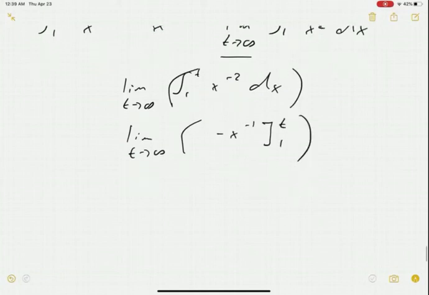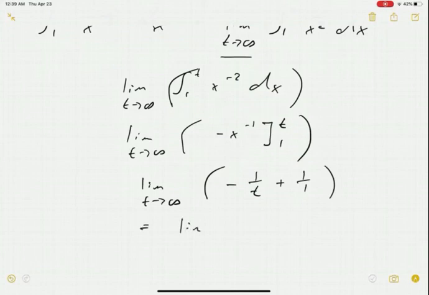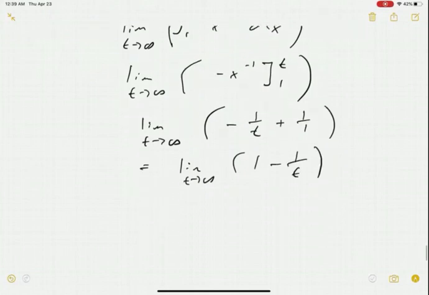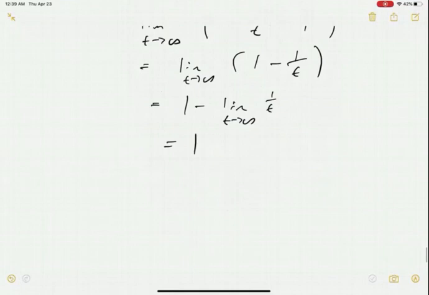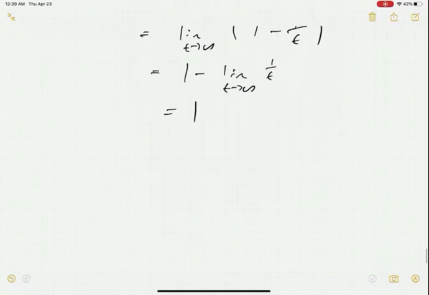Then plugging in our bounds, until we get our limit as simple as possible, and then we evaluate the limit. And then we get this number at the end, the number 1, but we're not done yet.